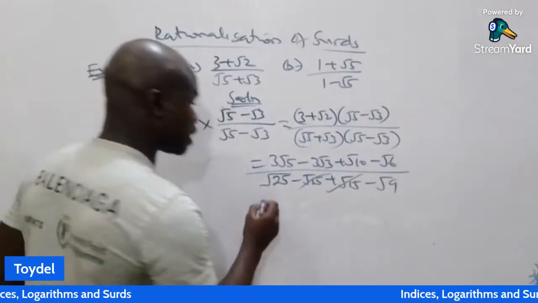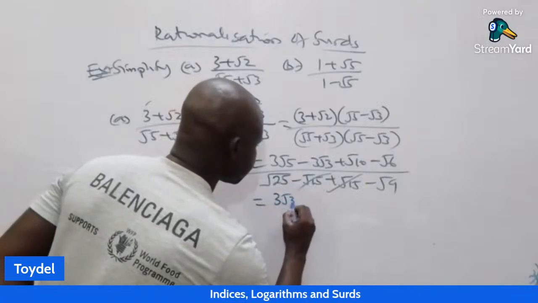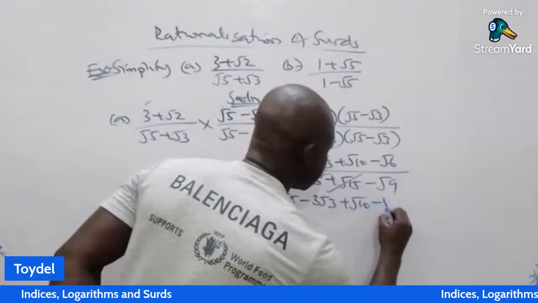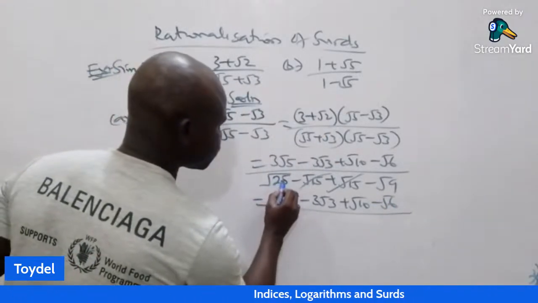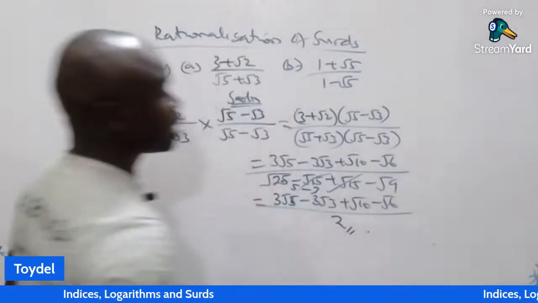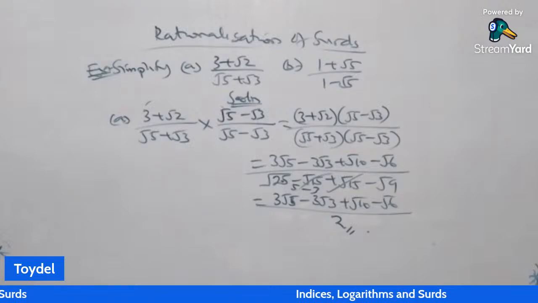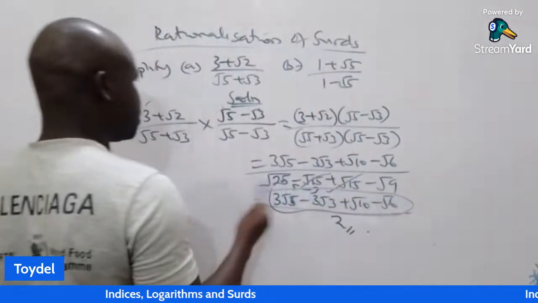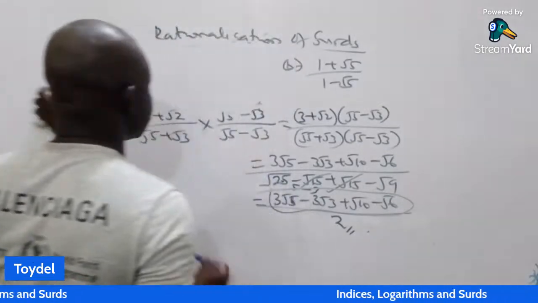So you don't need to bother yourself. Here I have 3 root 5 minus 3 root 3 plus root 10 minus root 6 all over 25, whose square root is 5, minus square root of 9, which is 3, that will be 2. And that's the answer. We cannot simplify further, because the terms have nothing in common, so there's nothing we can do. We stop at that, and that's the answer.